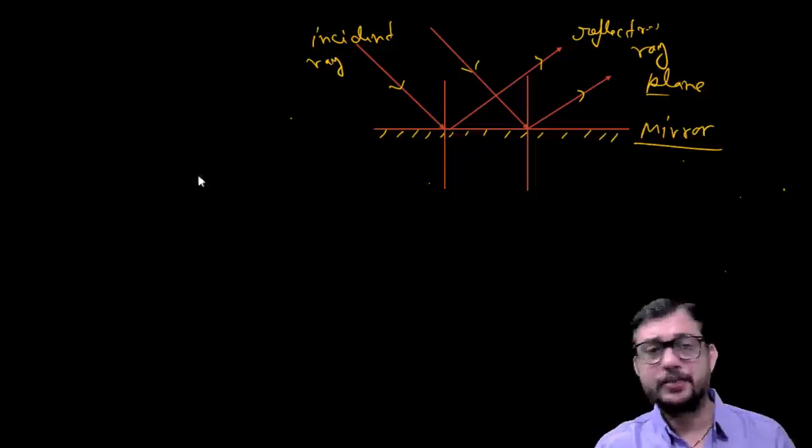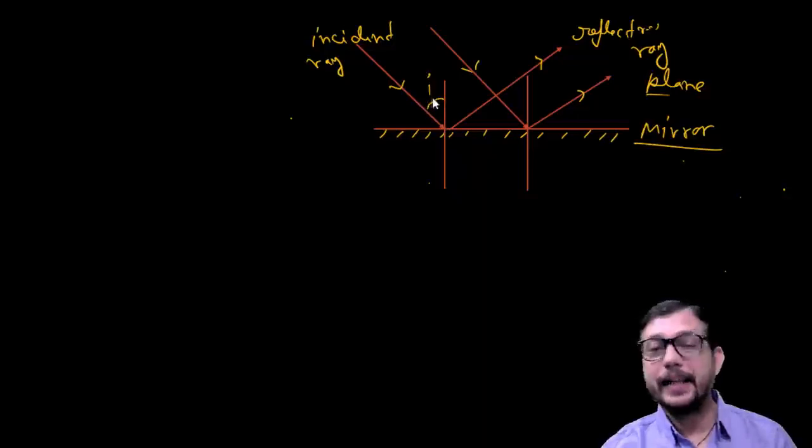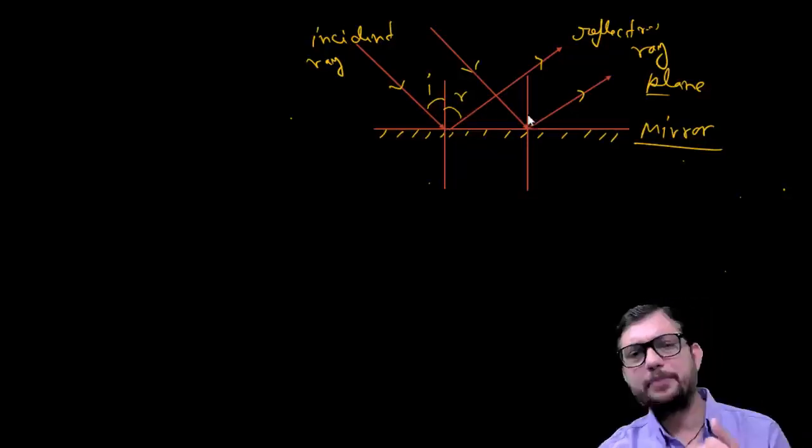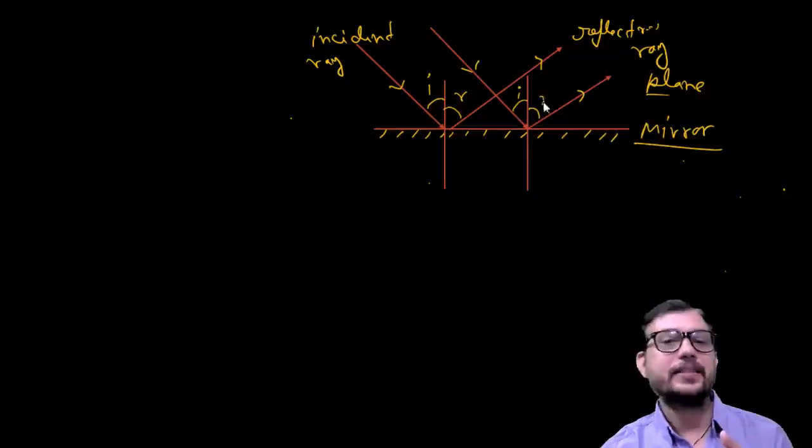We also have some definite angles. This is your angle of incidence I, and this be your angle of reflection R. In the same pattern, this will be angle of incidence I, and this will be the angle of reflection R.